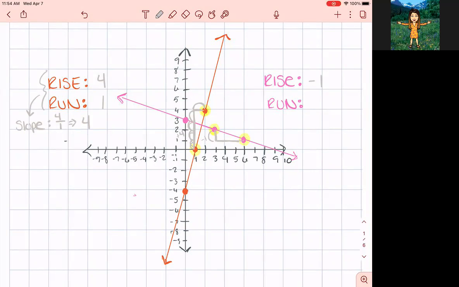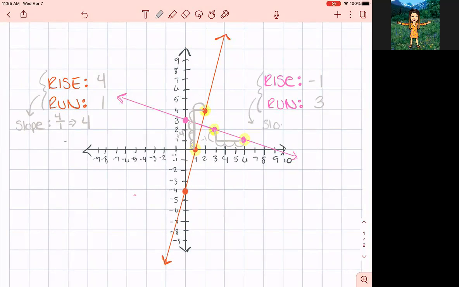And then the run is the difference between the dots going left to right. So I'm going to count. That's 1, 2, 3. To the right is positive. So the run is 3. And so the slope, we write that as a fraction.